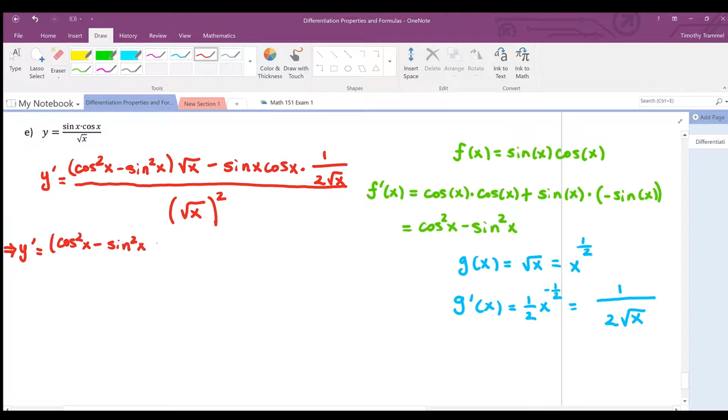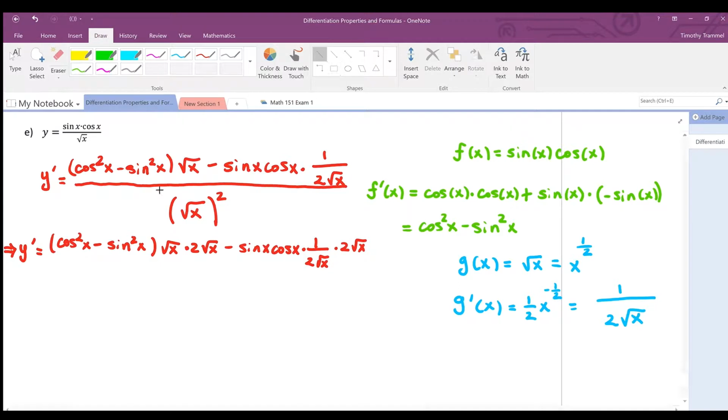This is all times the square root of x, and then remember we said we were going to multiply numerator and denominator by 2 root x. Then minus sine of x cosine of x times 1 over 2 square root of x times 2 square root of x. And this is all over.